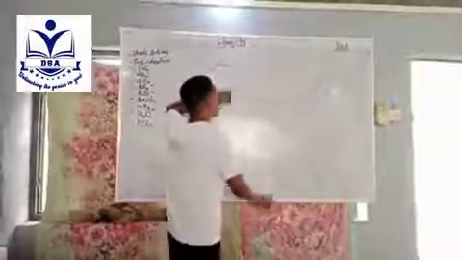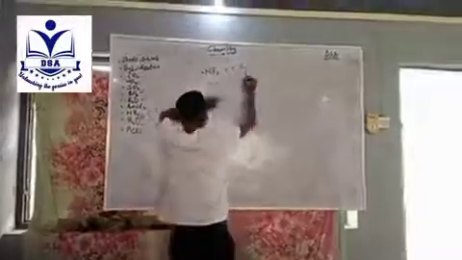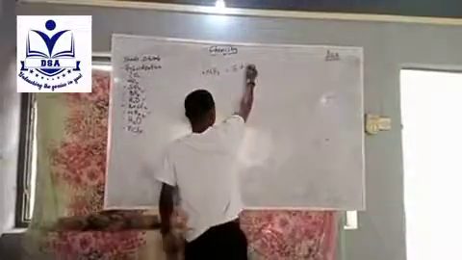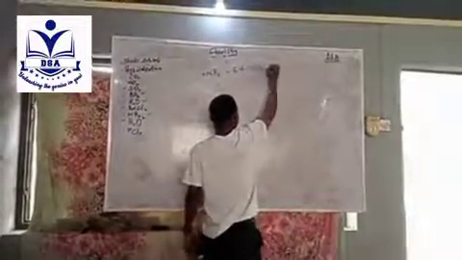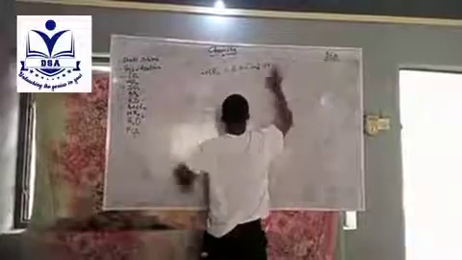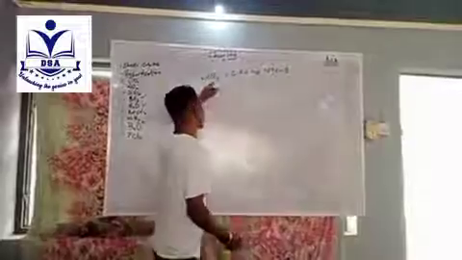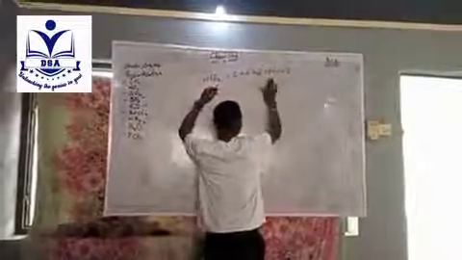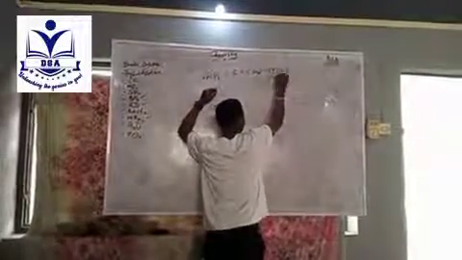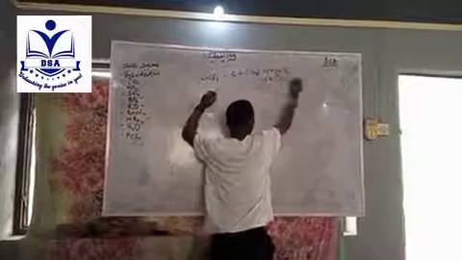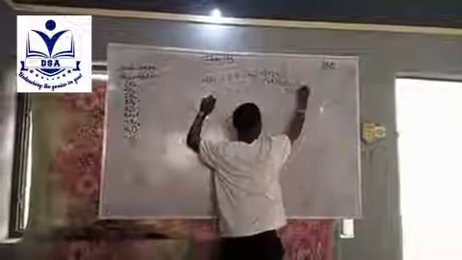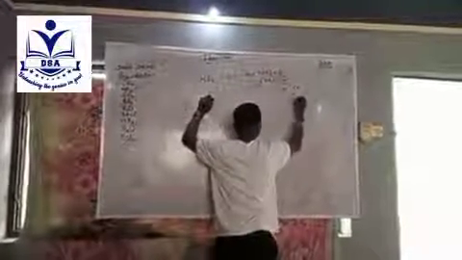Nitrogen is in group 5, 1 atom. Hydrogen is in group 1, multiplied by 3. So this is 5 plus 3, giving us 8. Then hydrogen will be the one attaining duplets here, so 2 multiplied by 3 atoms gives us 6. Taking the difference, you have 2 lone electrons divided by 2, so you have 1 lone pair.